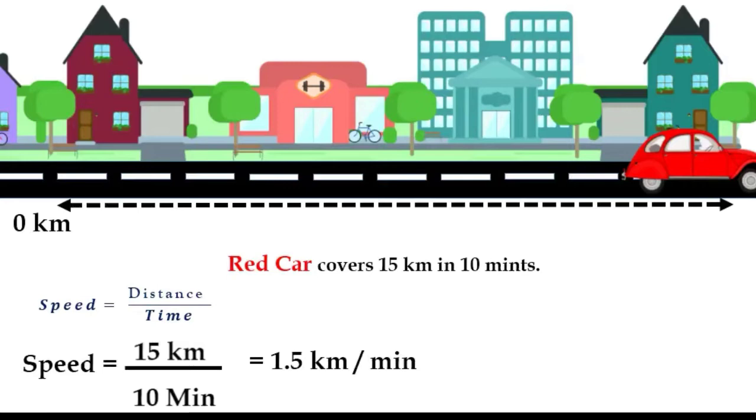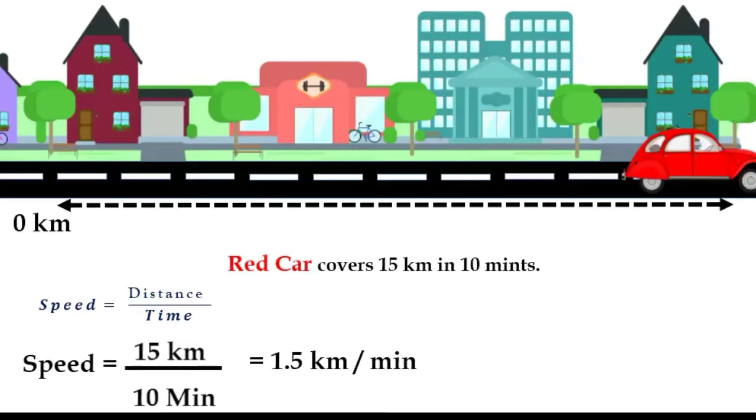Is it moving always with the same speed? Think once. No. Sometimes the distance covered by the red car can be more than 1.5 km, and it can also be less than 1.5 km. So this speed is nothing but the average speed of the red car.